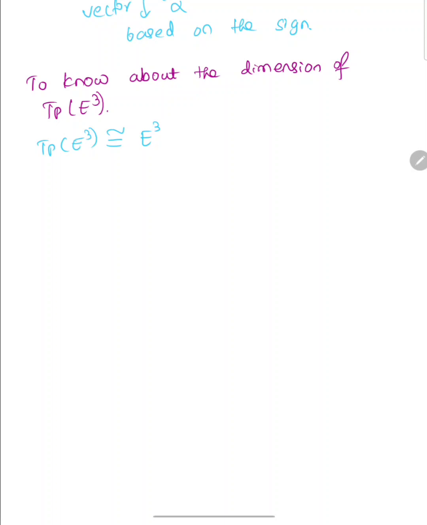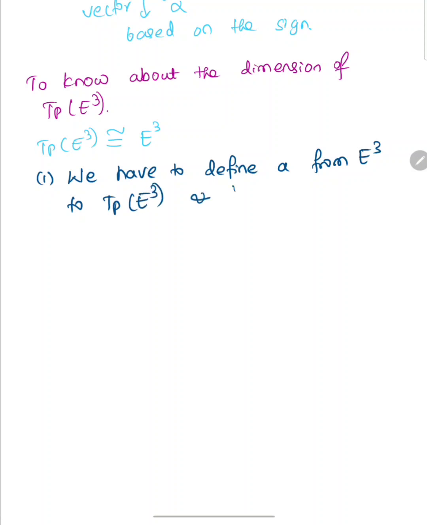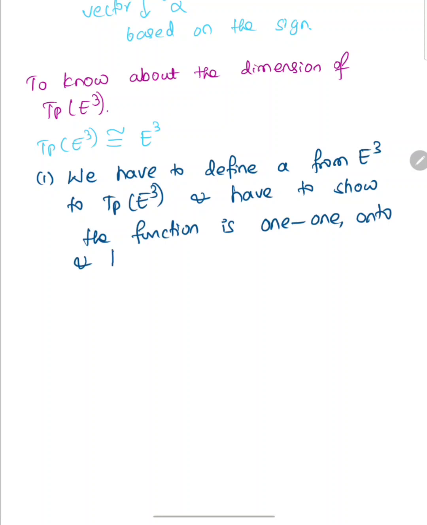Because we know the dimension of E3, for that we have to define a function from E3 to Tp of E3, and we have to show the function is one-one, onto and homomorphism, which means the function is an isomorphism.